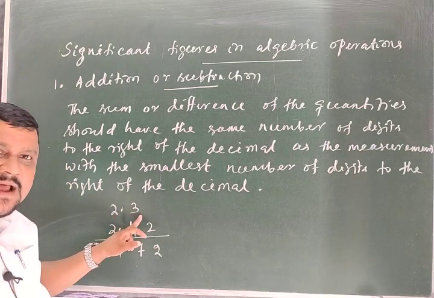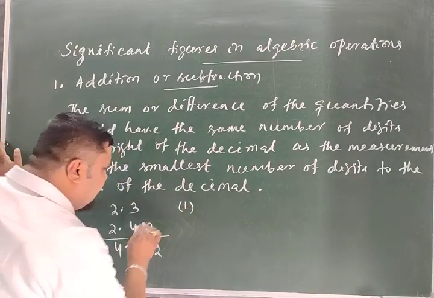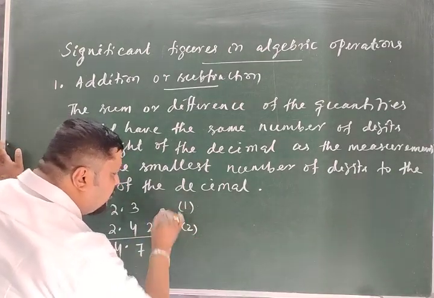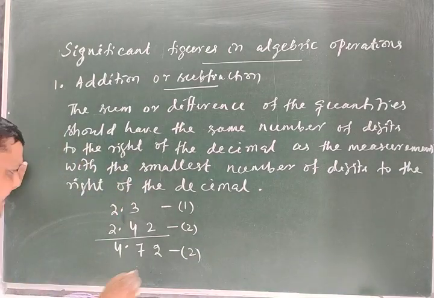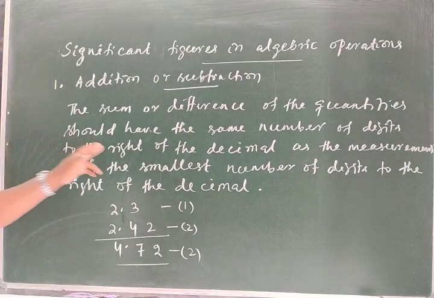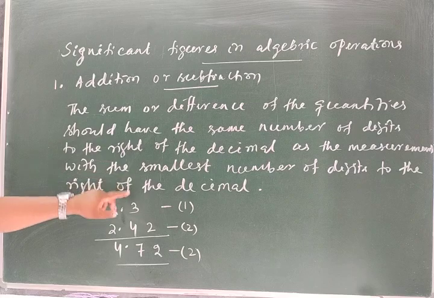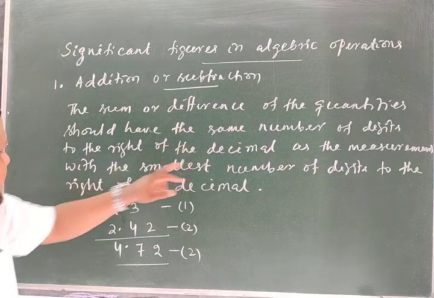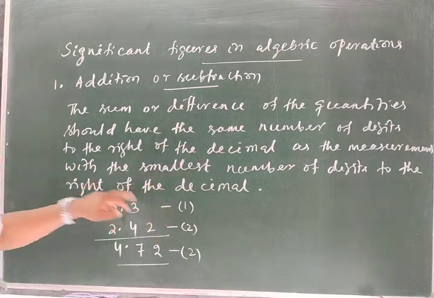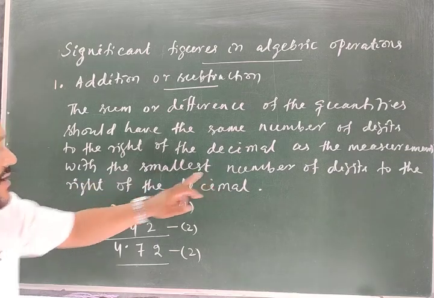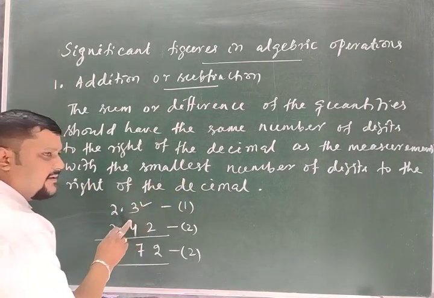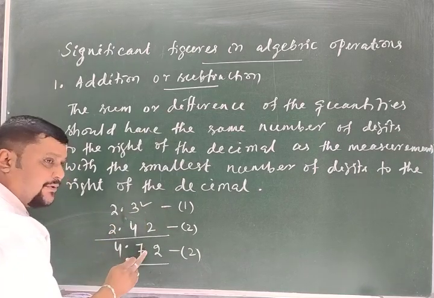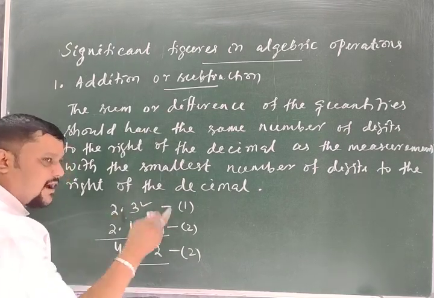Here after decimal, how many numbers are there? 1. Here after decimal 2. In the result, you will get 2. But you will not keep this result. According to this rule, the result should have the same number of digits to the right of the decimal as the measurement with the smallest number of digits. Which one? This one. How many? 1. So you have to keep 1. Now comes your round off.